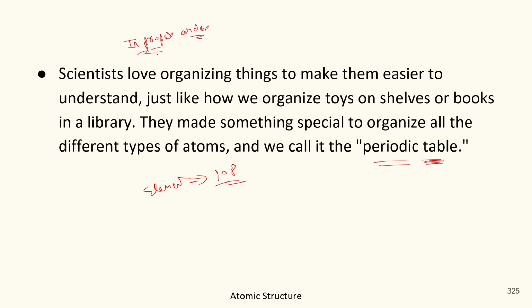Arranging them in a proper order requires some link, some base on which they could be arranged. So for this we have the periodic table, which in general terms is the arrangement of elements.